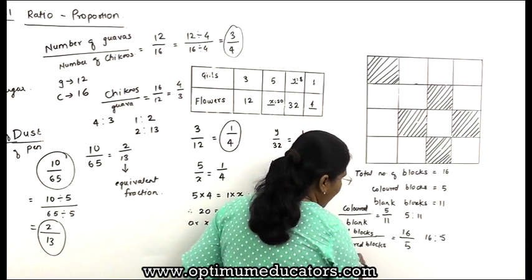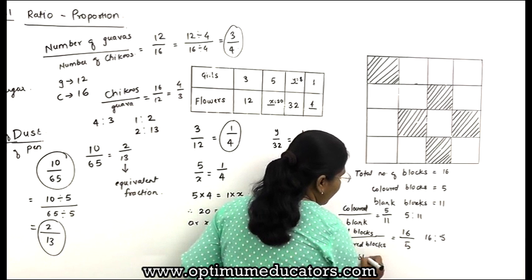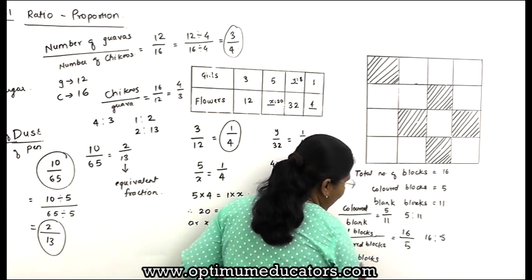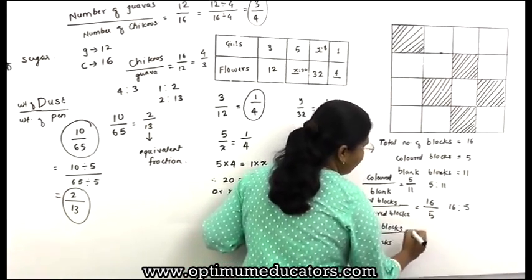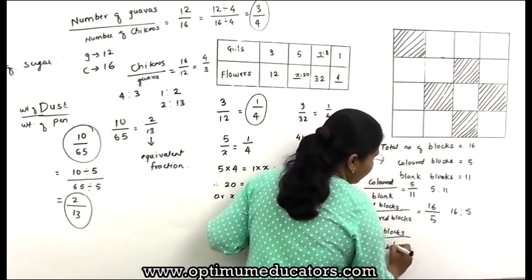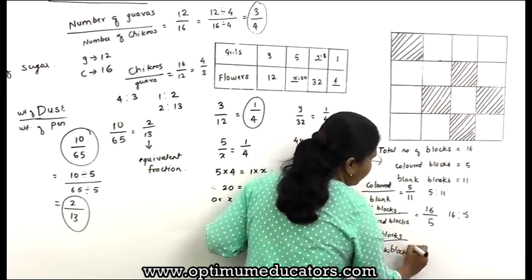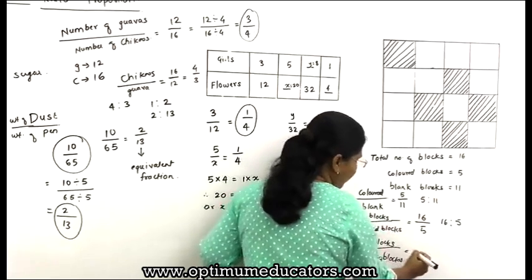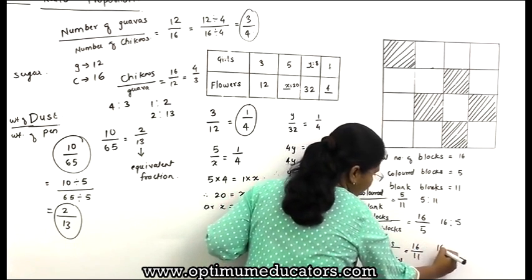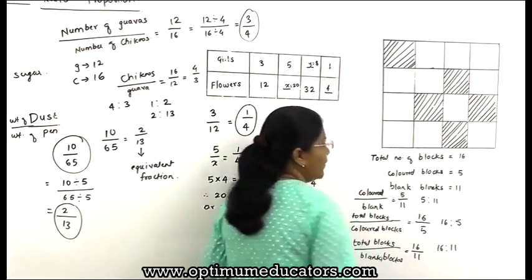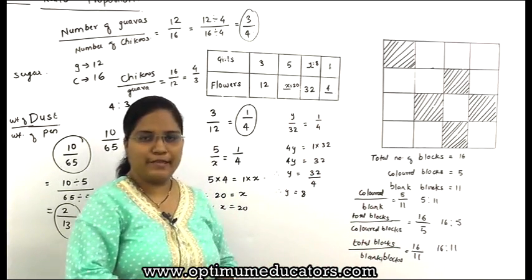Proportion of total blocks to blank ones. Tell me quickly. How many blank blocks do we have? Total are 16 and blank are 11. So the proportion is 16:11. Isn't it very easy, friends?